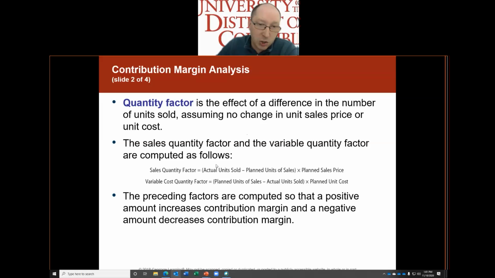To figure out the sales quantity factor, we take the actual units sold minus the planned units sold times the planned sales price. You also figure out the variable cost quantity factor by taking the planned units sold minus the actual units sold times the planned unit cost.